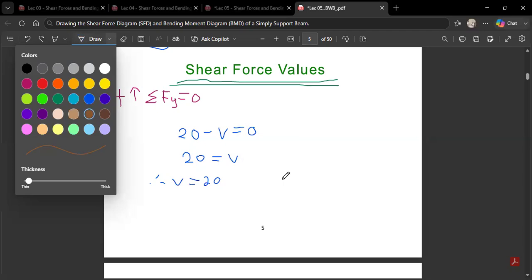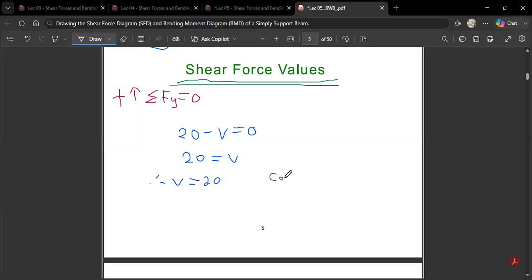This becomes a constant variation, because there is no variable attached to it.